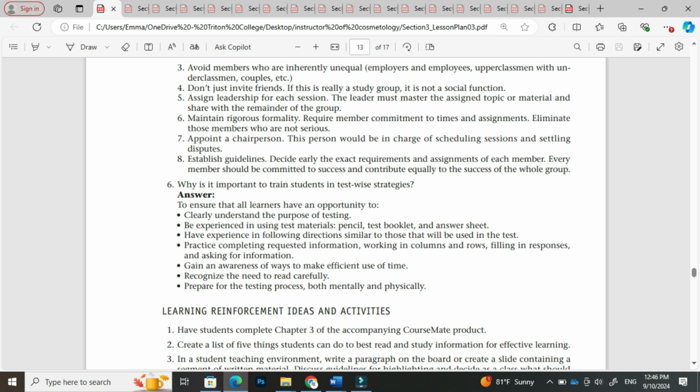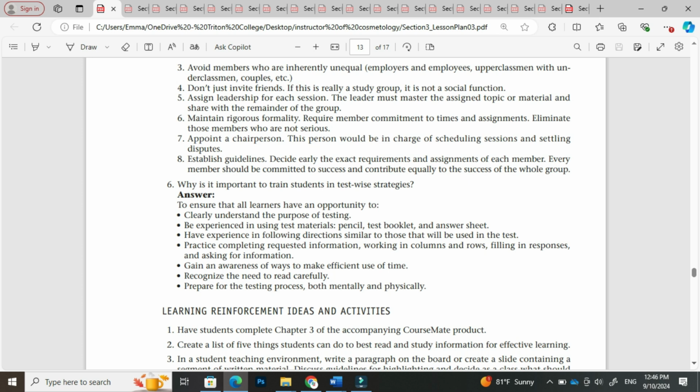Maintain rigorous formality. Require member commitment to the times and assignments. Eliminate those members who are not serious. Appoint a chairperson.